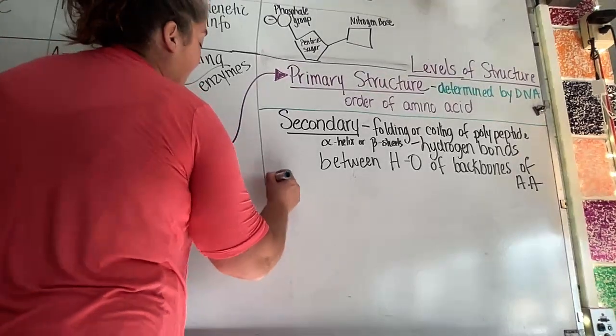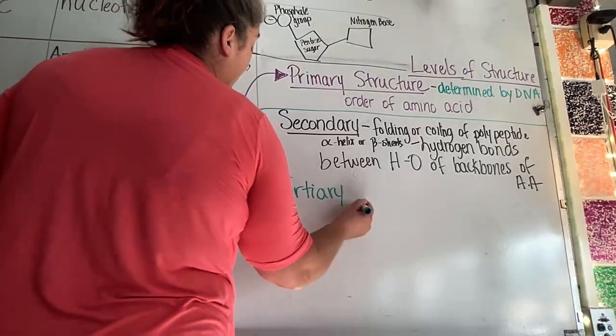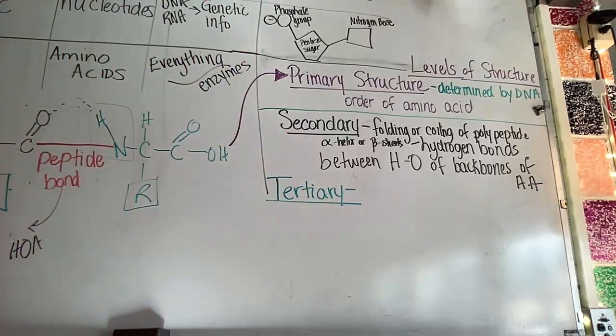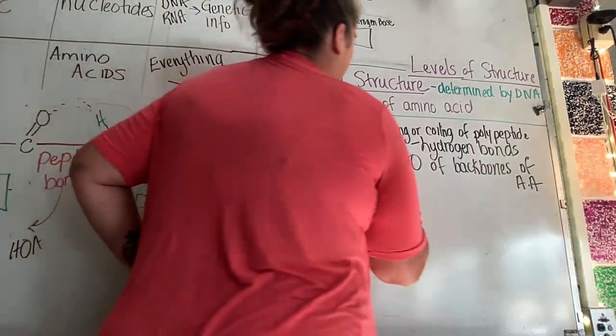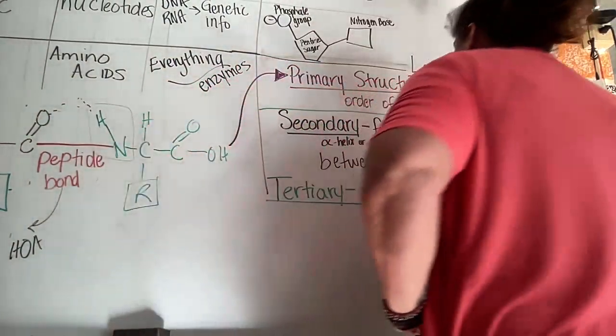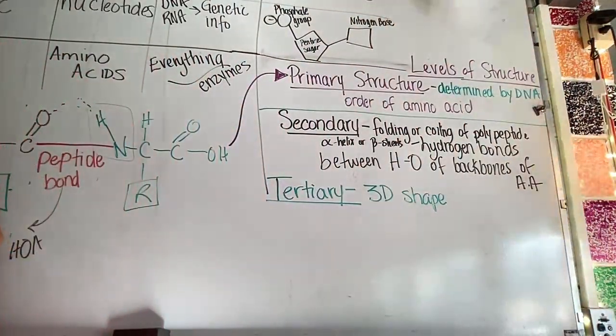So tertiary literally means 3. Who can tell me what that is? Go ahead, Alina. The overall 3D shape of a polypeptide. Yep. Good. 3D shape. What's it based on the interactions between? Amino acids and the R groups. The R groups.